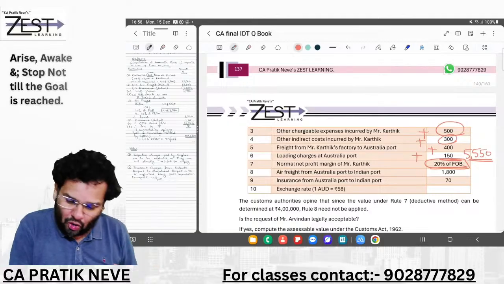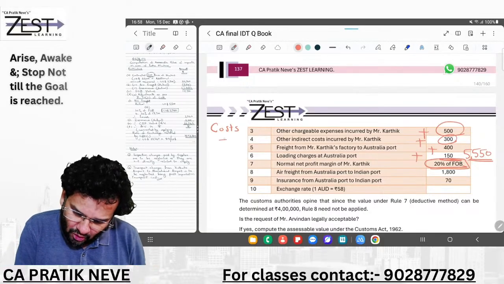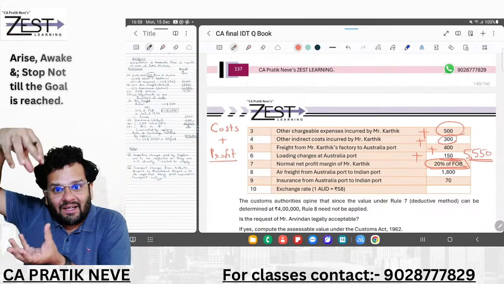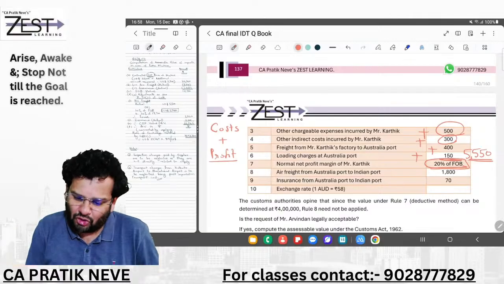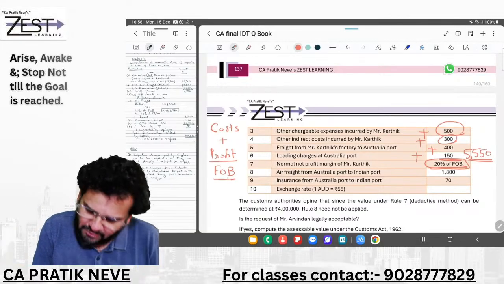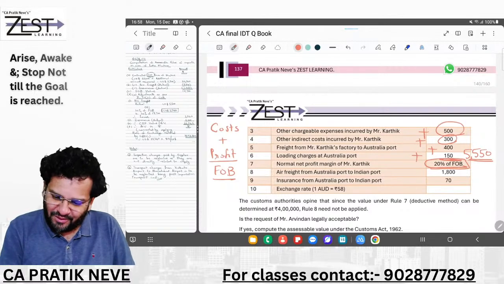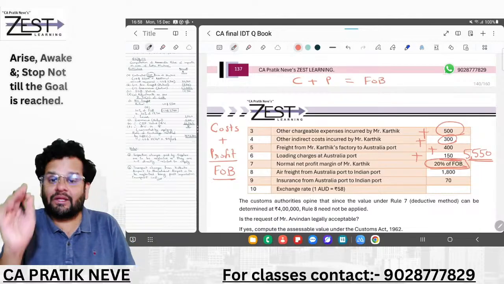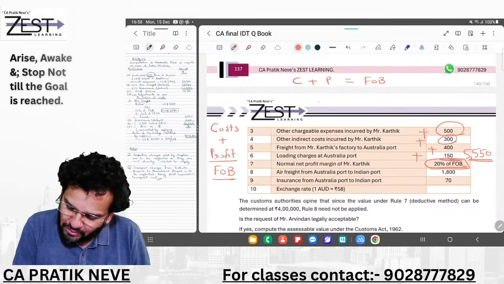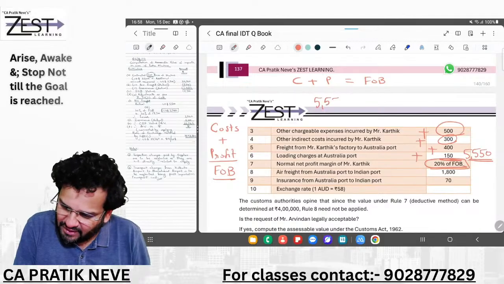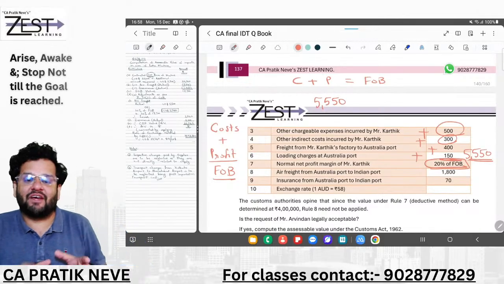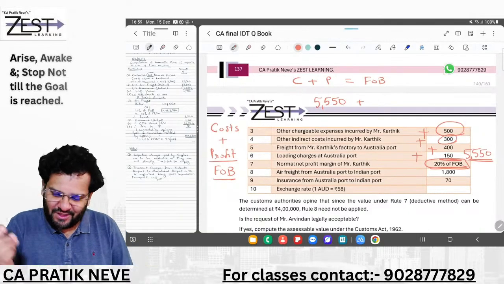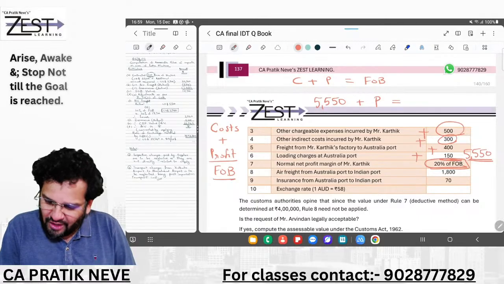FOB is all the cost plus profit. The price at the exporter's port is called FOB. So cost plus profit is FOB. Right now you know that cost is 5550. So cost 5550 plus profit, which I don't know, is equal to FOB.